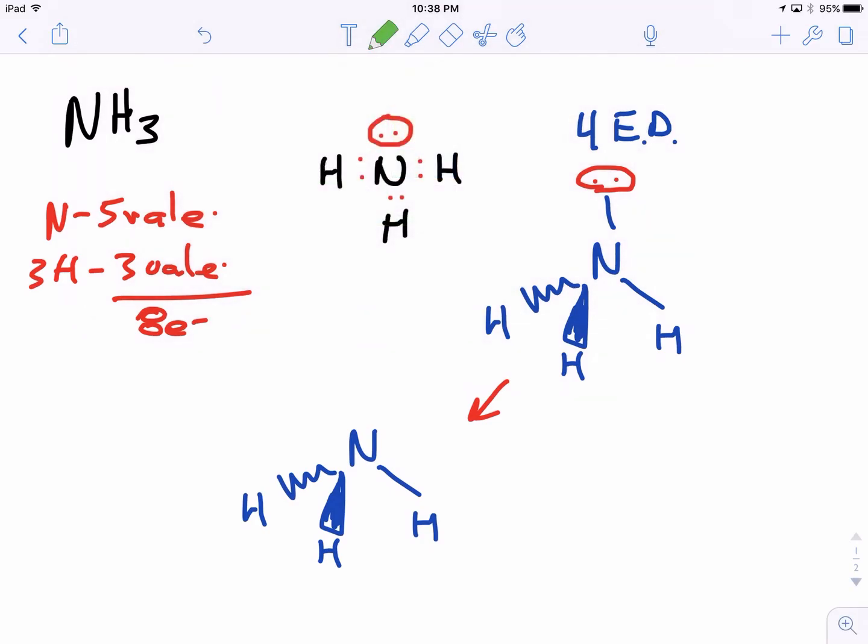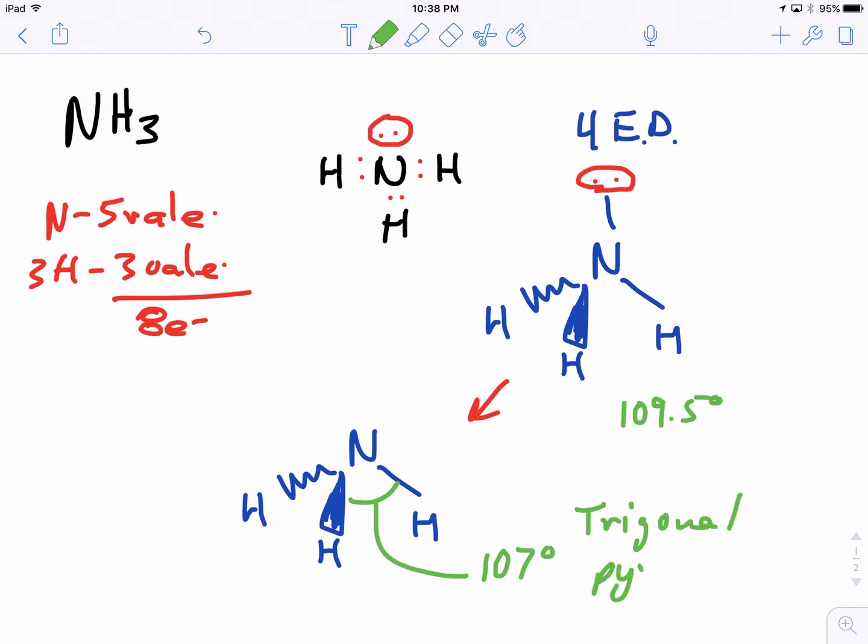So if I pick between these 2 bonds, my bond angle here, the normal tetrahedral would be 109.5 degrees, but since we have the lone pair above the nitrogen there, it's going to bring those angles in just a little bit to about 107 degrees, and then we would call this a trigonal pyramidal structure.